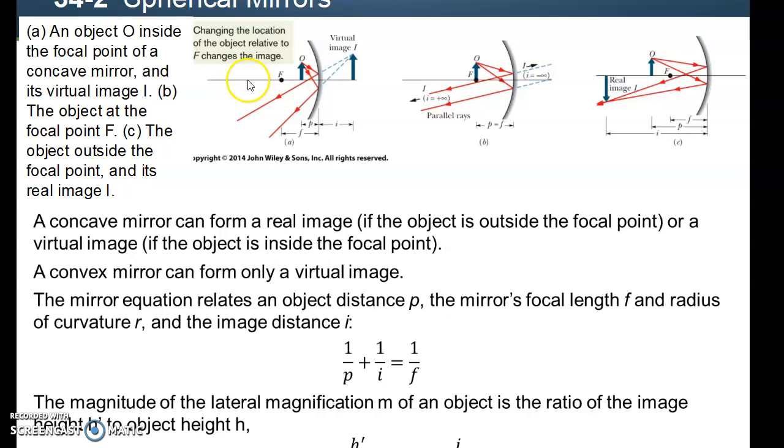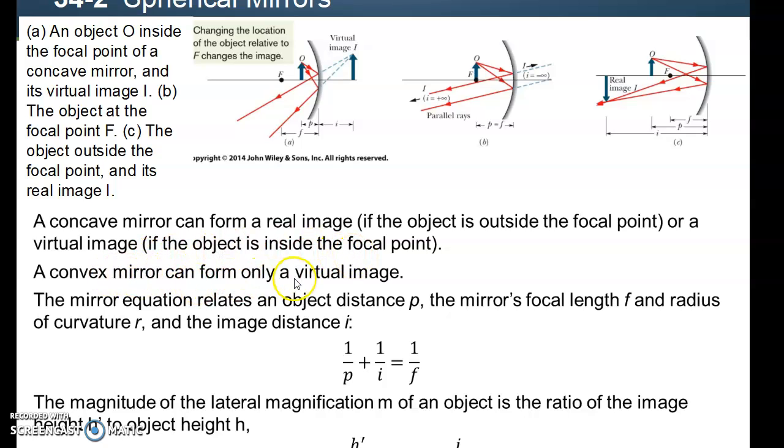If it's inside the focal point, you get a virtual image. Outside you get a real image. Okay? So a concave mirror can form a real image if the object is outside the focal point, or a virtual image if the object is inside the focal point.